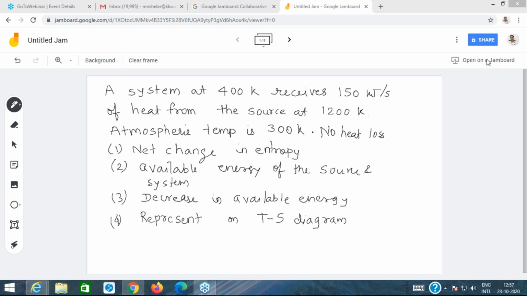Anish is wrong. Anish Patil, you are wrong. There is no heat loss, whether the heat transfer is reversible or irreversible. Only few students have answered. What about others?